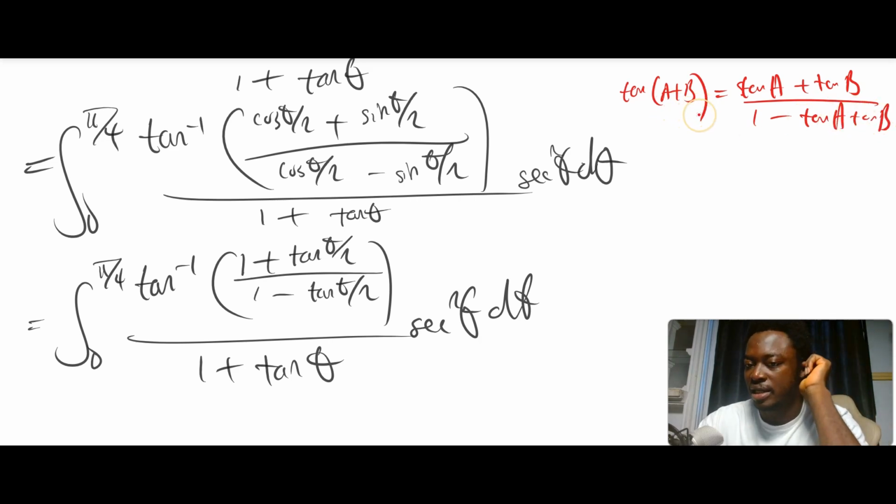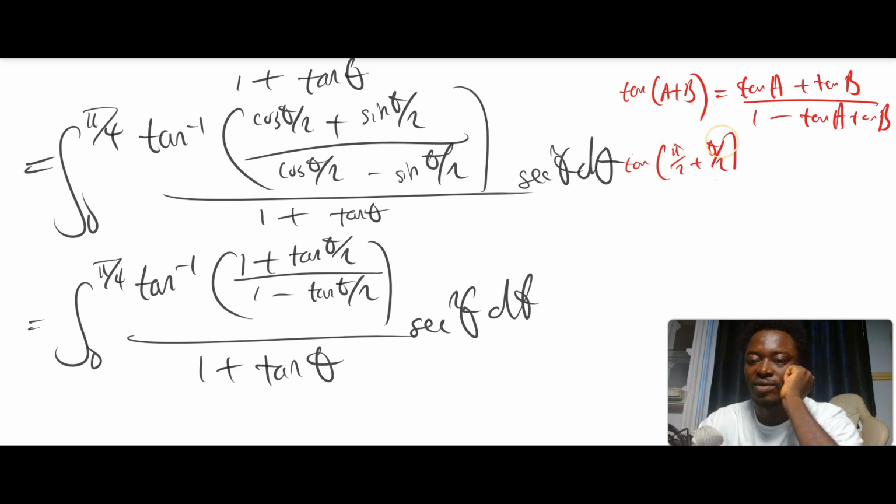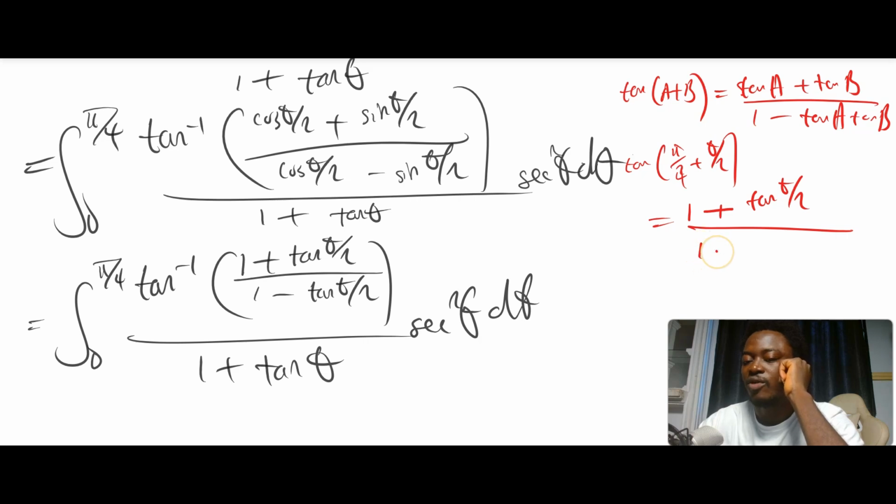So if you remember this identity, you will come back and say, okay, let's look at this part. You can see that tan of pi over 4 plus theta over 2 would be equal to, tan pi over 4 is 1, so you have 1 plus tan of theta over 2, all divided by 1 minus tan pi over 4, which is 1, times tan theta over 2.